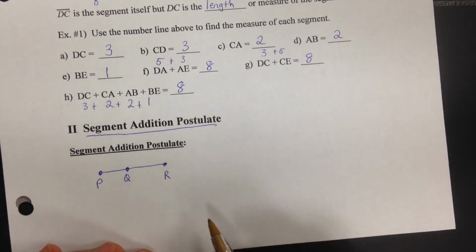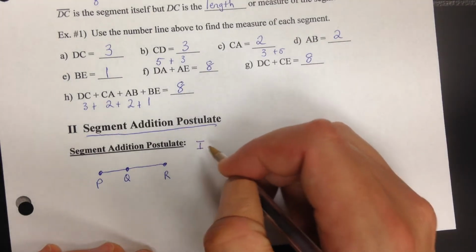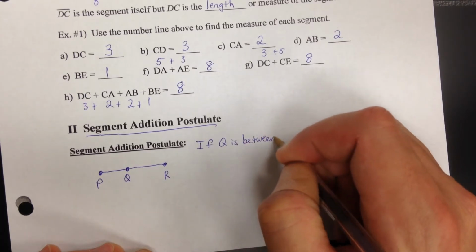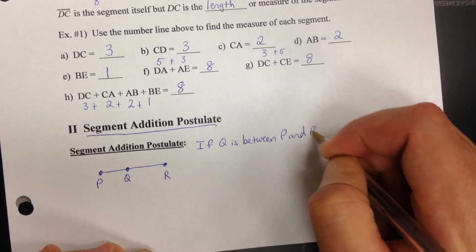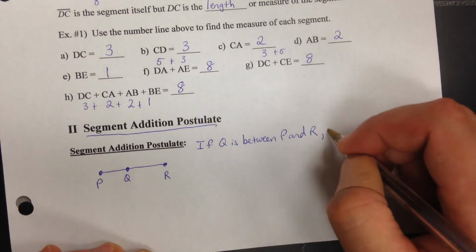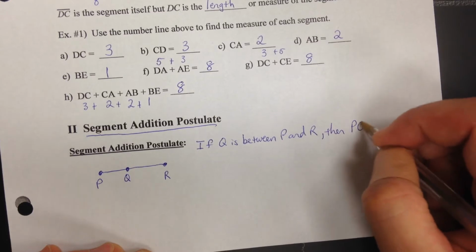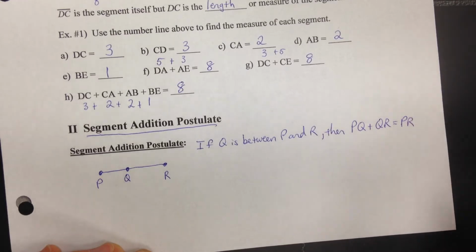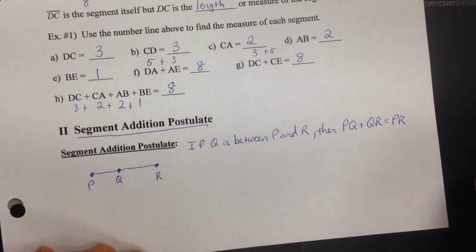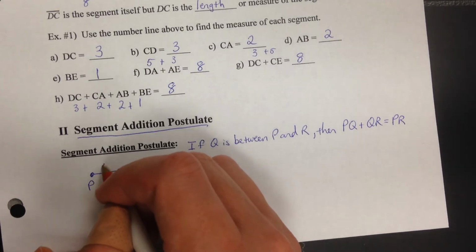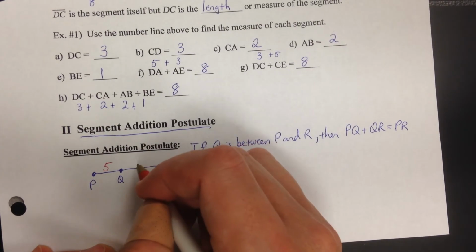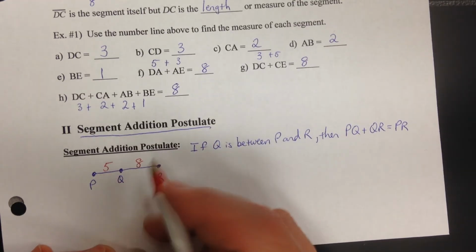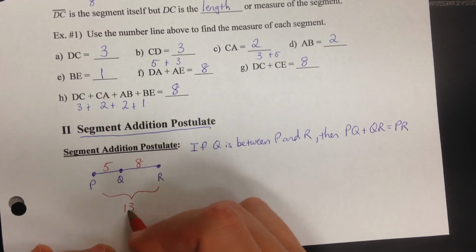The definition segment addition postulate says if Q, so that's a point, if Q is between P and R, then we can say for a fact that the length of PQ plus the length of QR is equal to the length of PR. And again, what that means, let's say that the length of PQ is 5 and the length of QR is 8. If I add up the parts, 5 plus 8, then I get the whole thing, which is going to be 13.